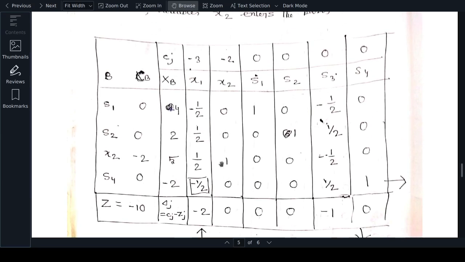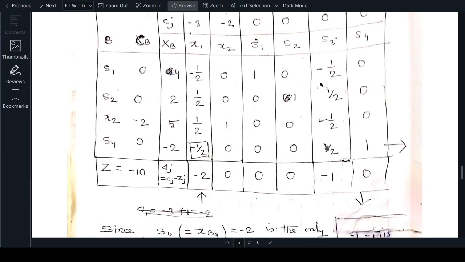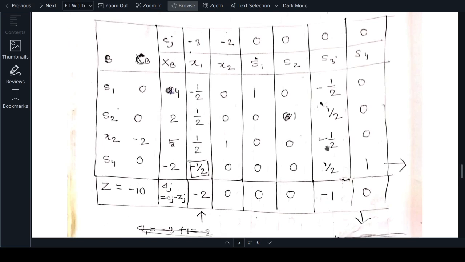Why not from the second table? Because in the second table, the XB column is 4, 2, 5, -2. One negative value is present, so this does not give us an optimal solution. For -2 we get a problem. Only one negative value, -2, so S4 is our key row.